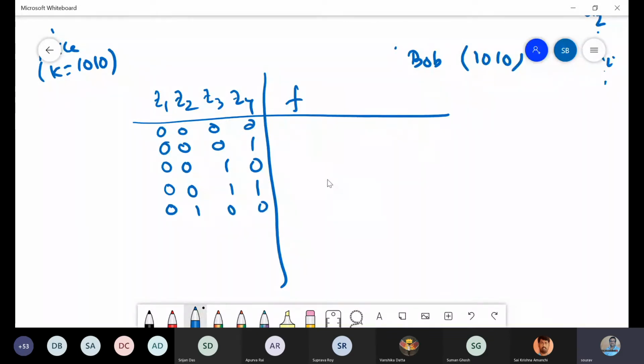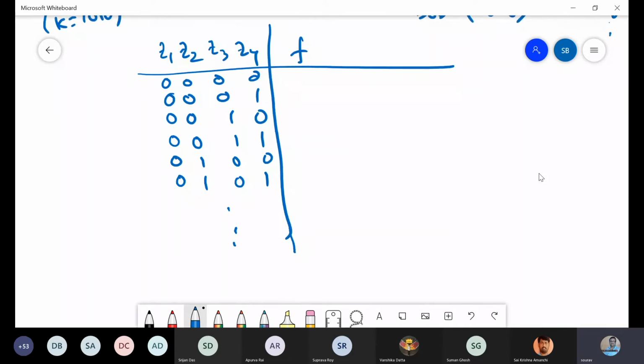How many are there? 16, that is 2 to the power 4. Now each input combination maps to some value.